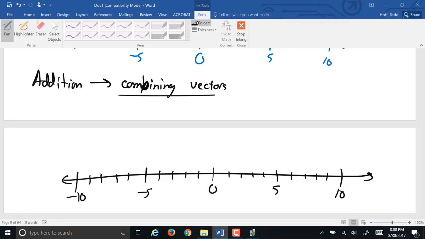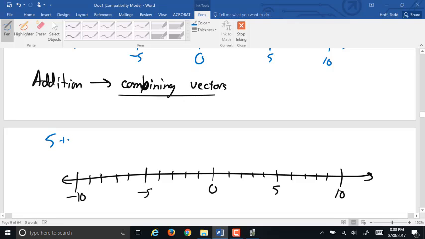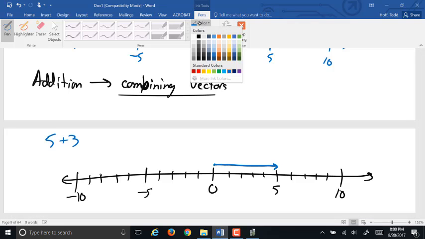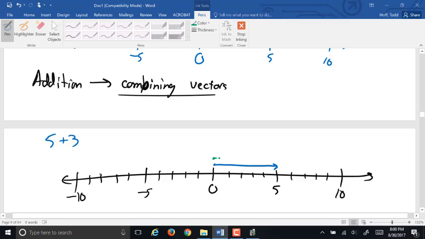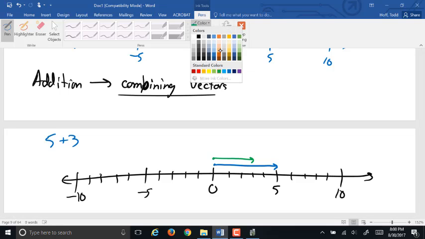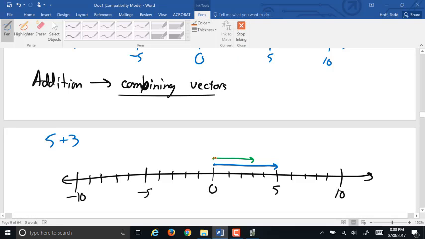So if I have 5 plus 3, what that's telling me to do is take that vector for 5, take the vector for 3, and I'm going to combine them.